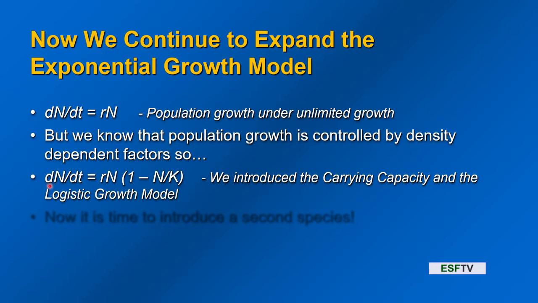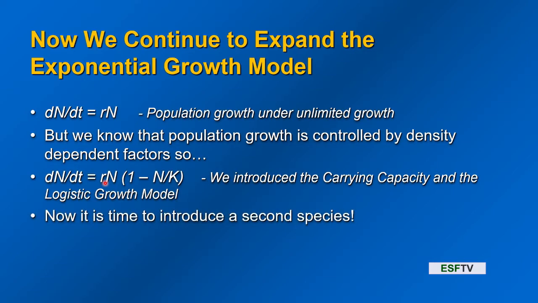We're still looking at the growth over time equals the intrinsic rate of growth times the population, but we add the carrying capacity factor, K. That's the logistic growth model. As you approach carrying capacity, this slows your growth down in the mathematical model, and you can show that real populations follow these very simplistic model parameters, and the model works quite well.